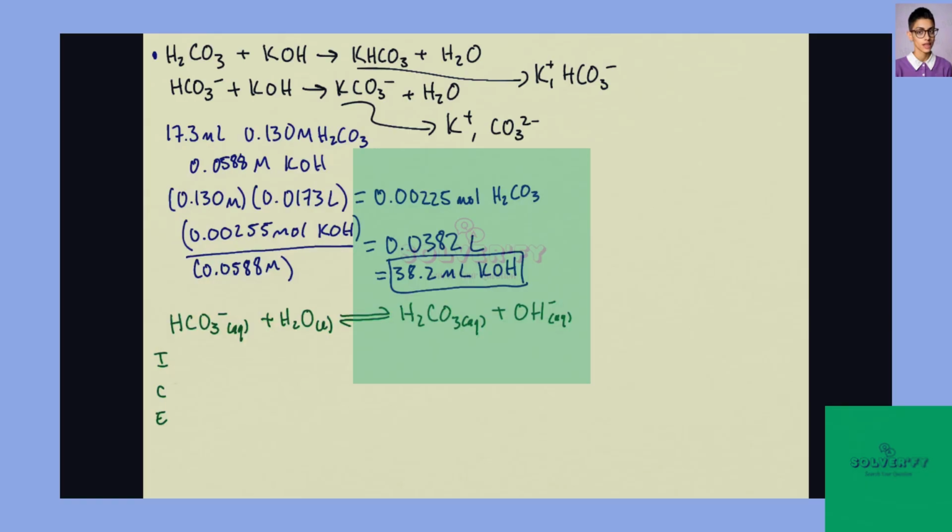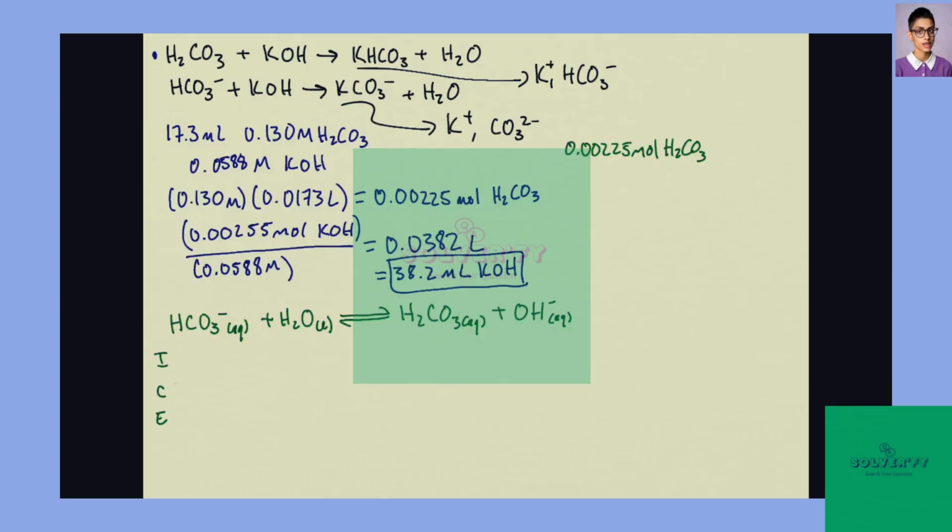So first, how much HCO3- do we have initially? Well, we started our titration reaction with 0.00225 moles of H2CO3, which react with 0.00225 moles of KOH.